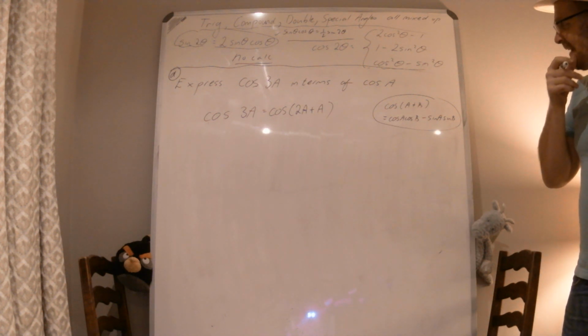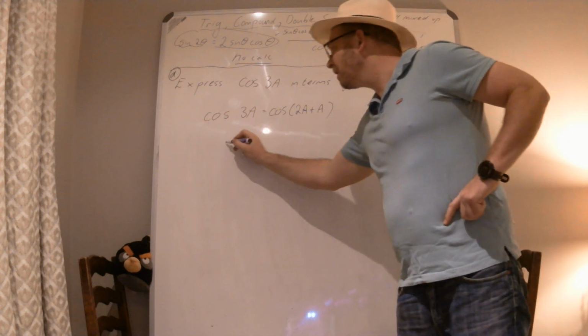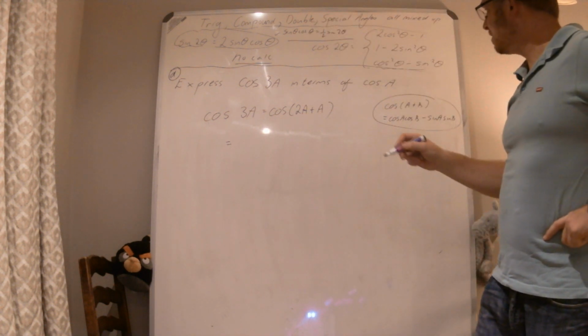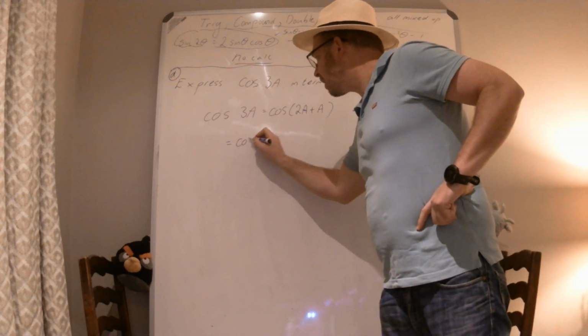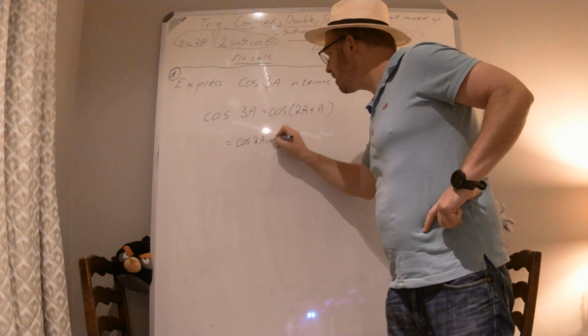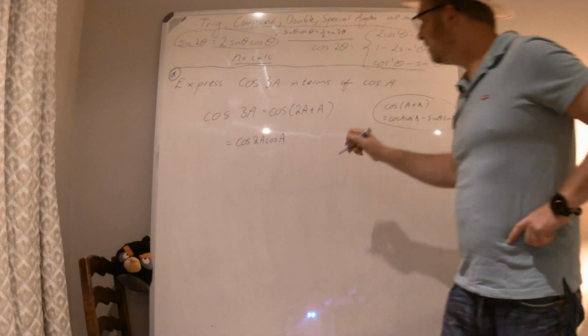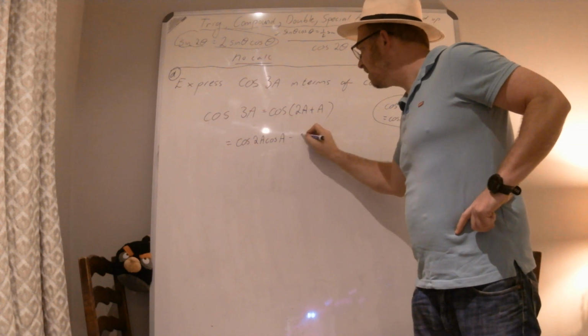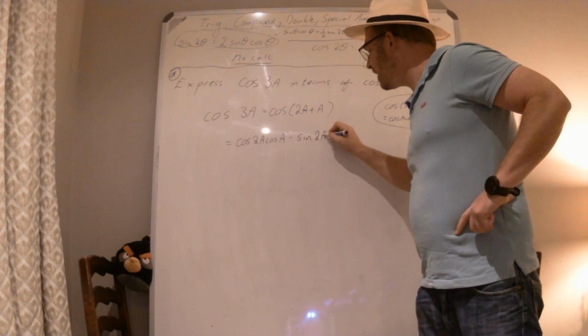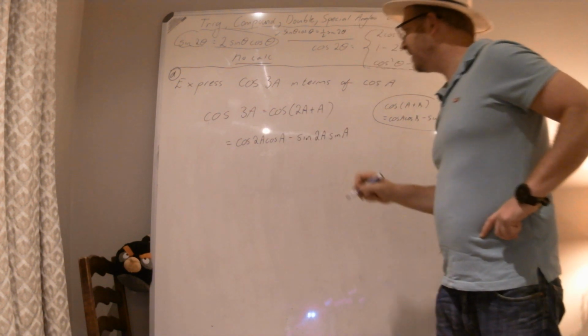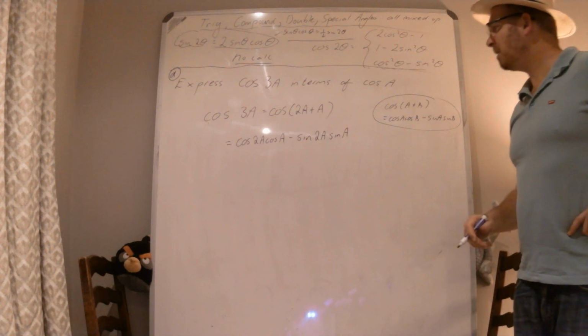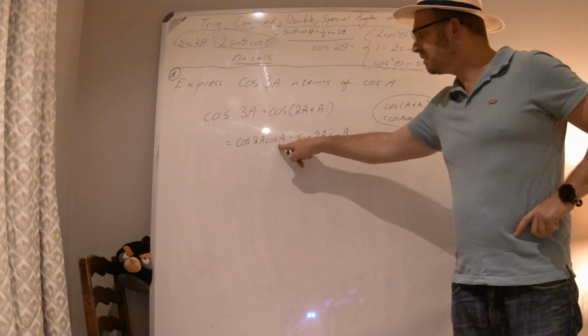Okay, so cos of 2a plus a, what is that going to become, Tiasha? It is cos 2a cos a, good, with cos it's the opposite sign, minus sin 2a sin a, right? So at the moment, the only thing that makes us happy is this cos a.